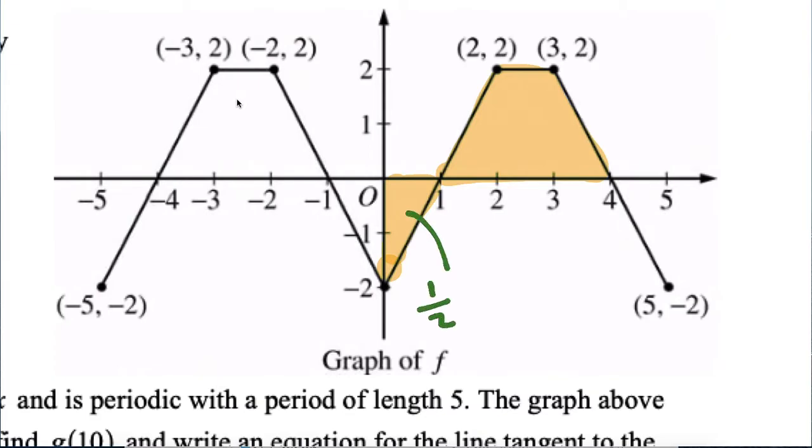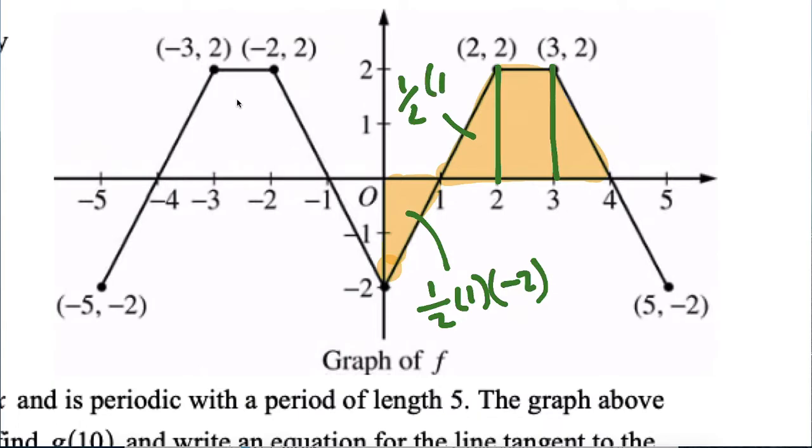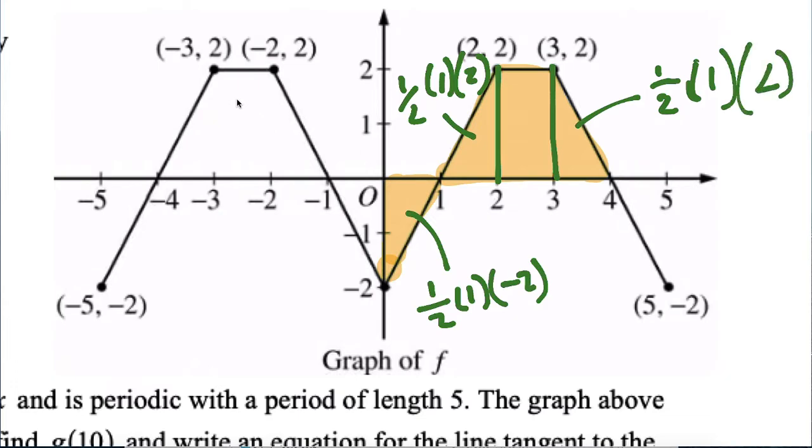It's 1/2 the base, and then the height is -2. Notice that if we divide this up, this is 1/2, 1, and then times 2. This one over here is 1/2. Base is 1, height is 2, and area right here is 1 times 2, or 2.